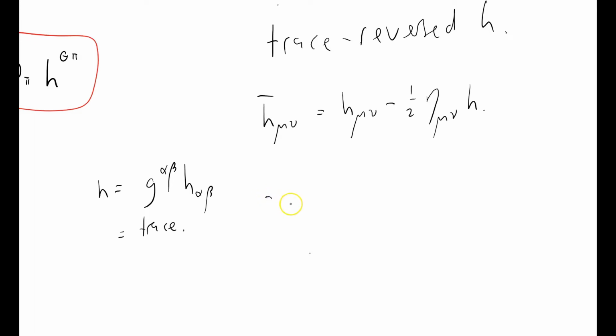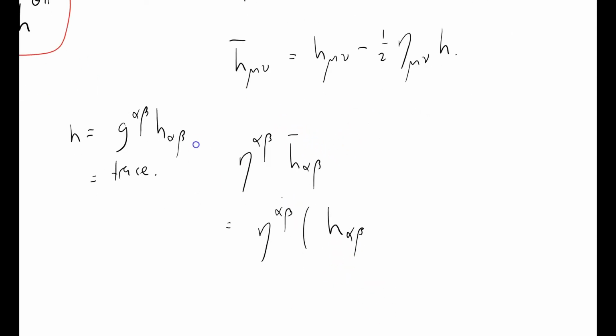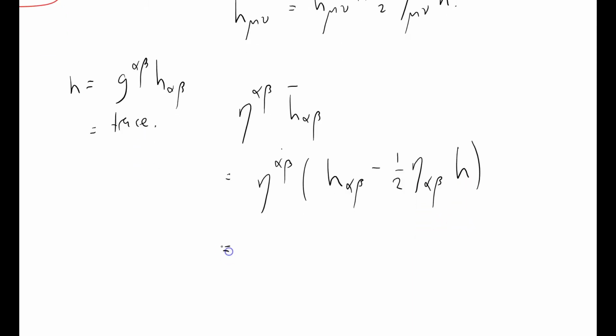So let's work out what the trace of h bar is. It's eta alpha beta h bar alpha beta equals eta alpha beta h alpha beta, just copying from here and changing mu nu to alpha beta, minus a half eta alpha beta eta alpha beta h.